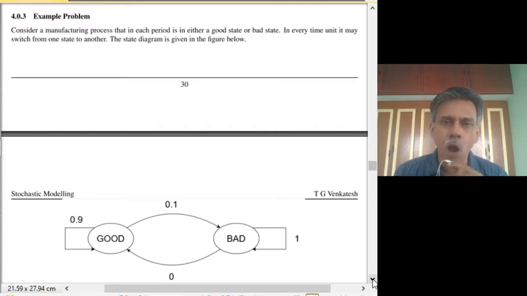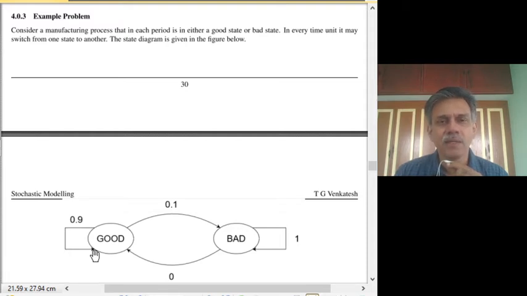In order to model how the items are being produced by the machine, we assume that the machine can be in two possible states, one being the good state, another being the bad state. As the name itself indicates, the good state is one wherein most of the time the items produced by the machine are acceptable.